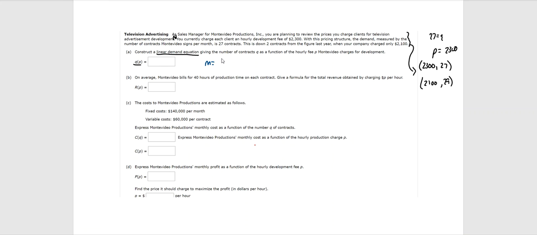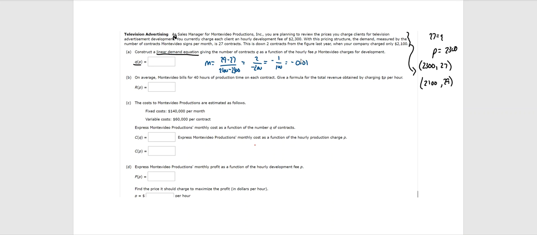So we'll have y2 minus y1 over x2 minus x1. So that's 2 over a negative 200, which is a negative 1 over 100, which is a negative 0.01.